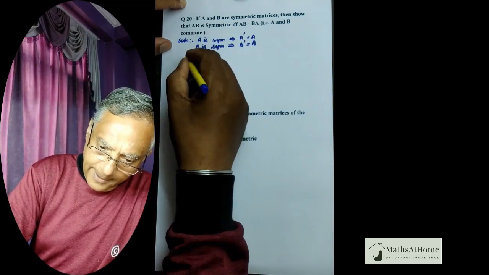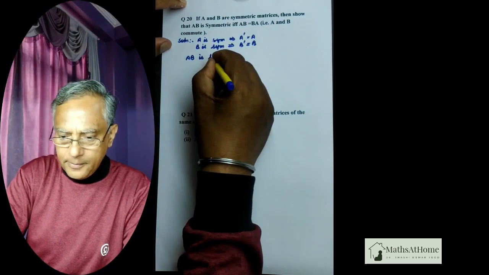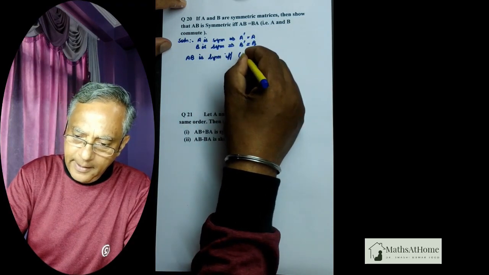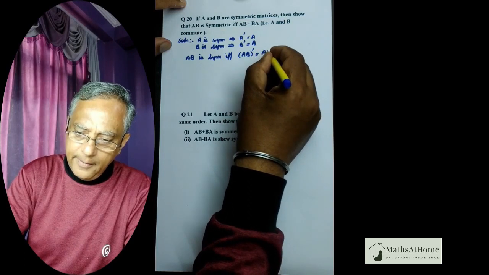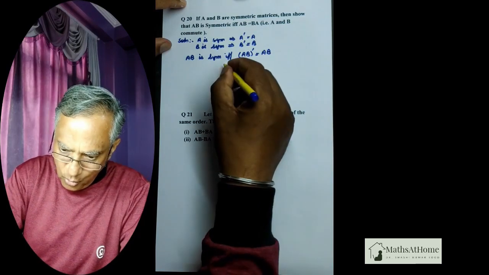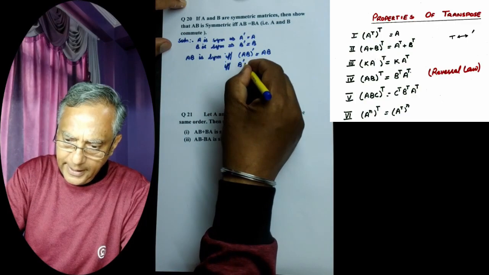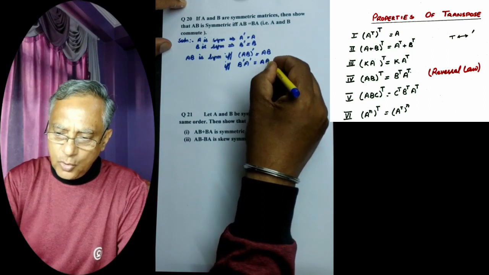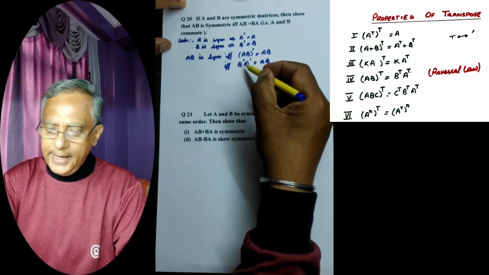Now AB is symmetric if and only if AB dash is equal to AB. And we know that AB dash is B dash A dash. Reversal law is true. So we know AB dash is B dash A dash.